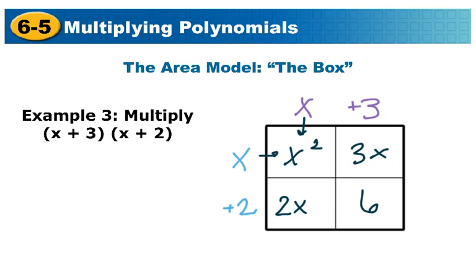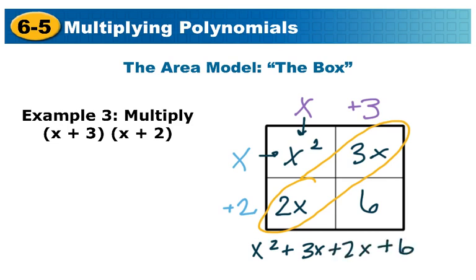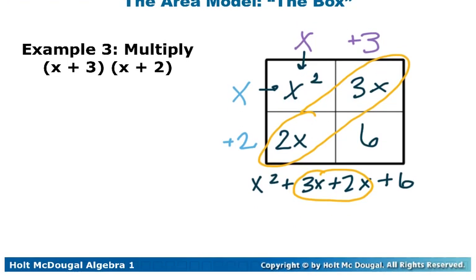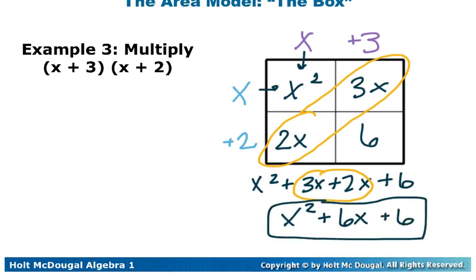With these, what happens is generally you will be able to combine the 2 middle terms. And so officially, we have x squared plus 3x plus 2x plus 6. But of course, we know that we can combine 3x and 2x. And so we actually have x squared plus 6x plus 6. And that is your result.